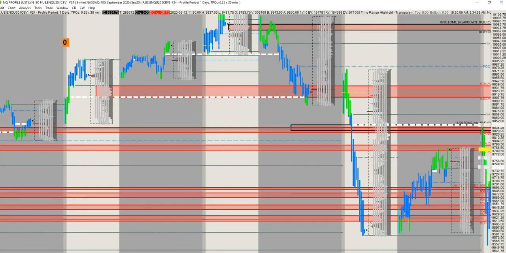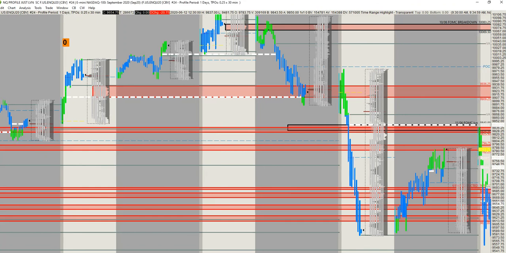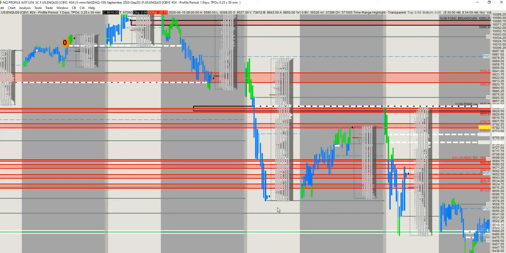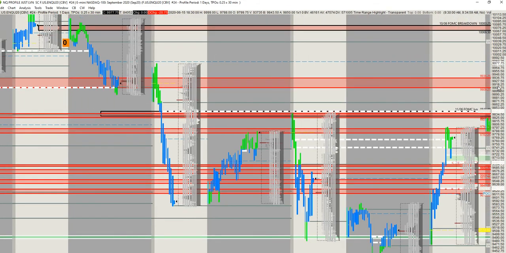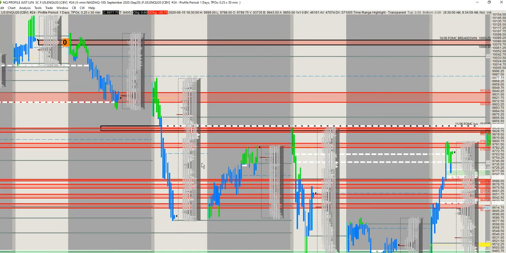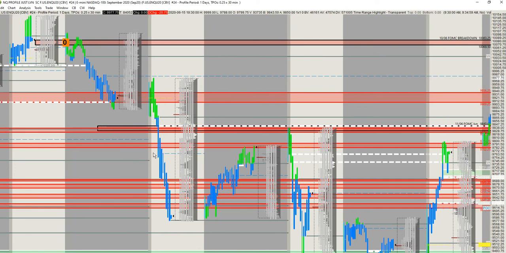I was going over this with another trader recently, and we were just discussing all this, and this is how Nasdaq likes to trade. And again, look at this one here. We got the TPOC here. The closest low volume node is here.